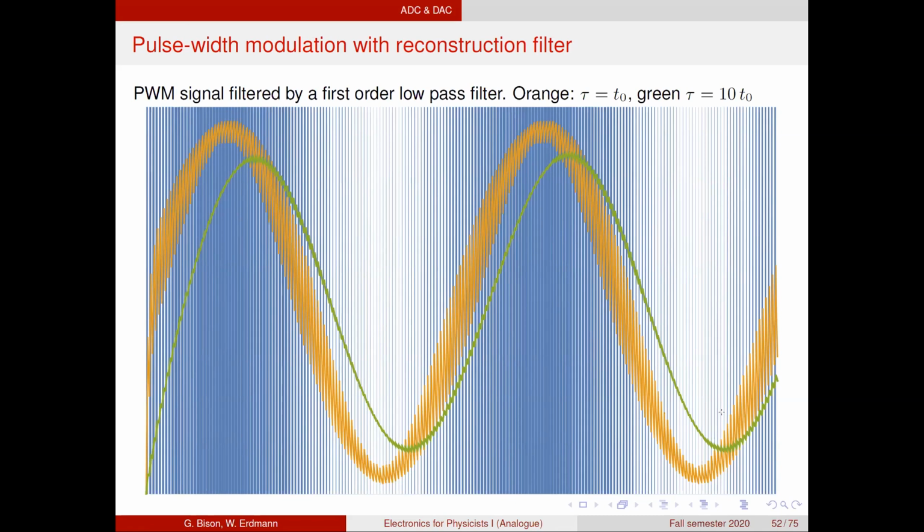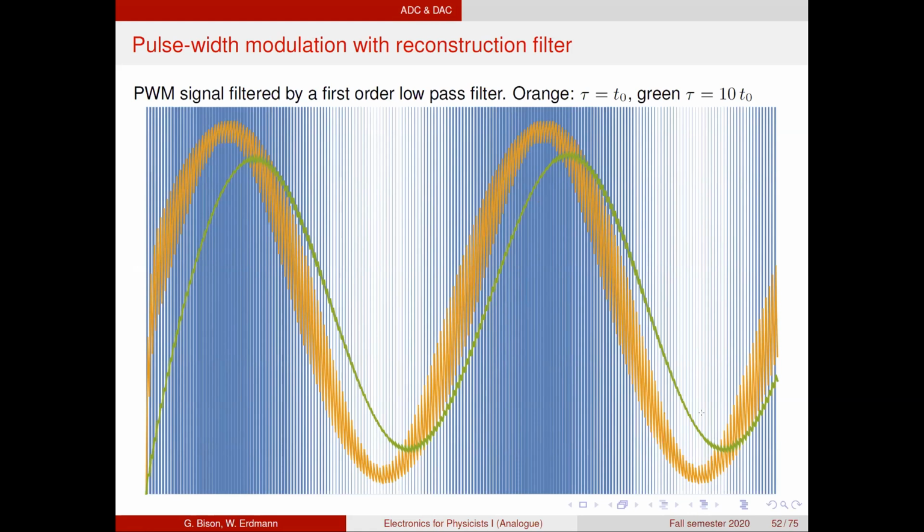Of course, this pulse train is not a nice signal. If you would put this directly to a speaker, this would sound terrible, and you have to smooth it. For the orange curve, I've used a filter where the time constant is equal to the pulse duration period, T0. You see this looks approximately like a sine wave, but there are still large artifacts from the switching. You see this goes up and down like a comb all the way through the signal.